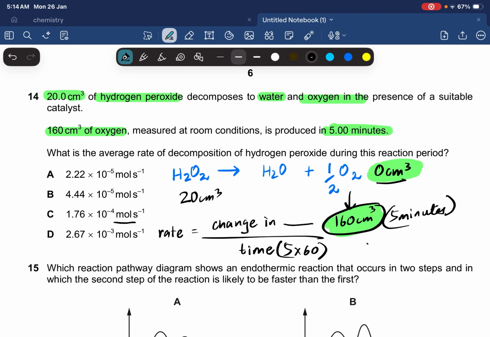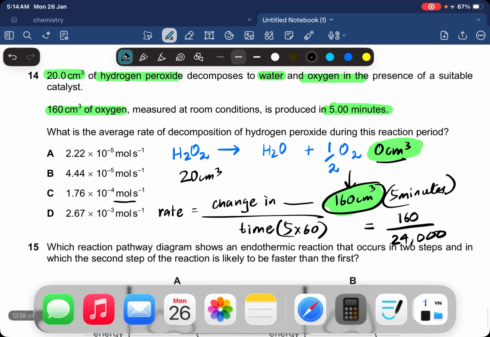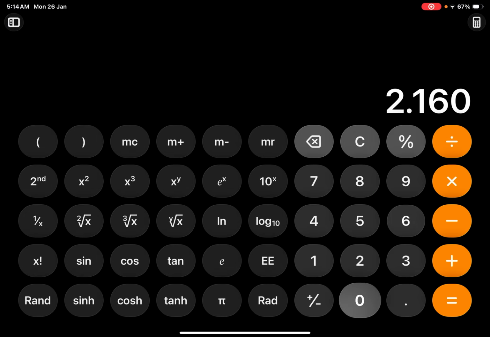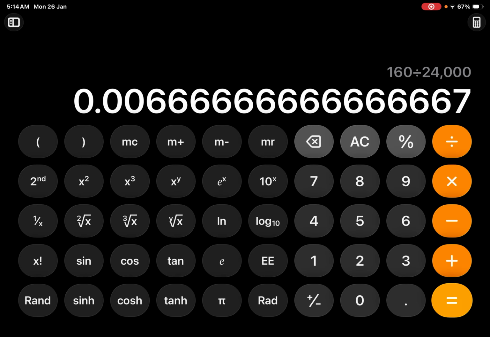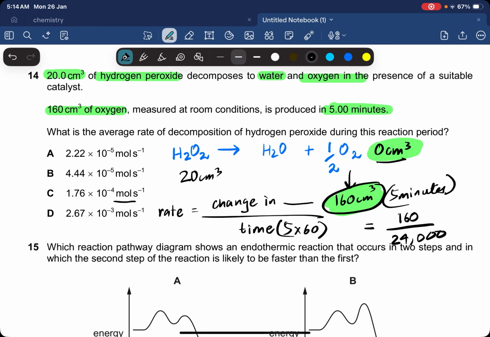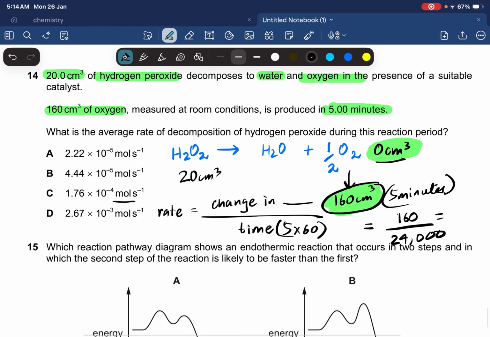So moles equals your volume, which is 160, divided by 24,000. 160 divided by 24,000 is 0.00667. So we have 0.00667 moles.